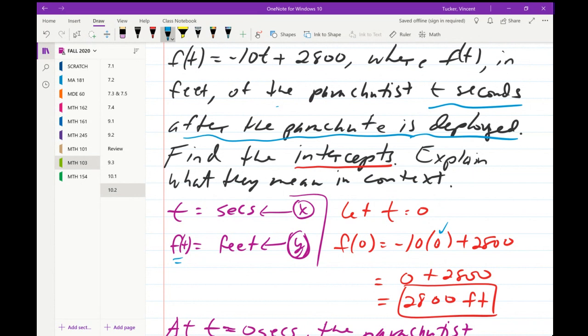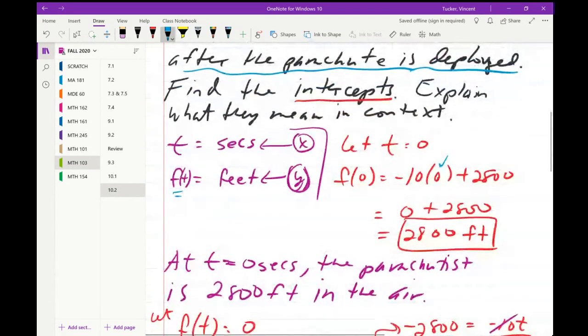So at t equal to 0, no time has passed yet. So the parachutist is 2,800 feet in the air. All right, any questions on that?